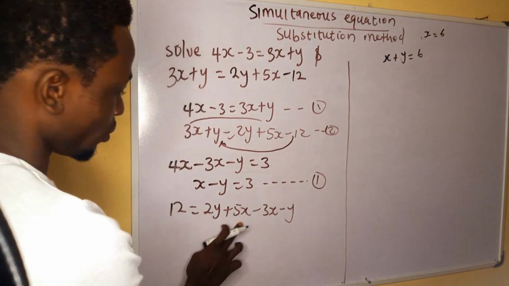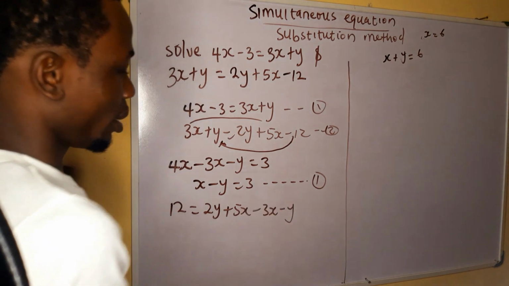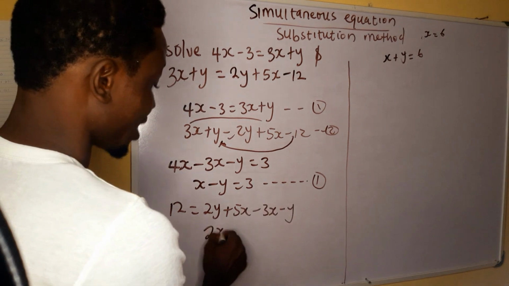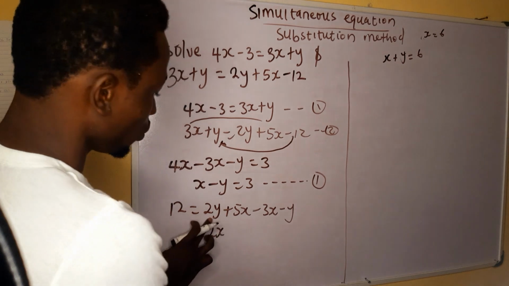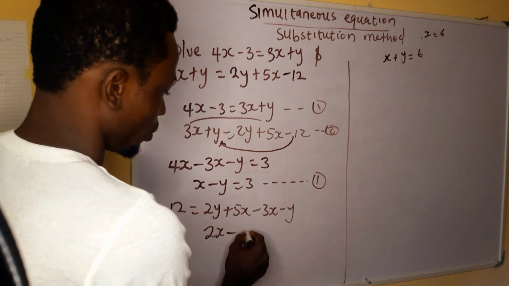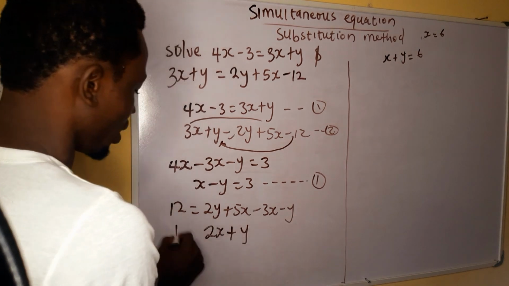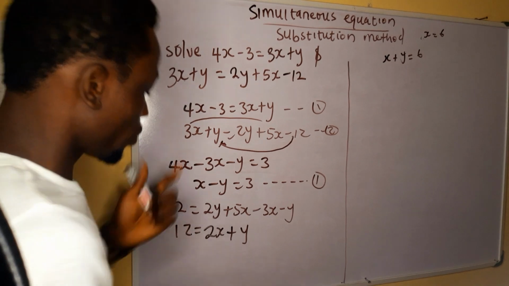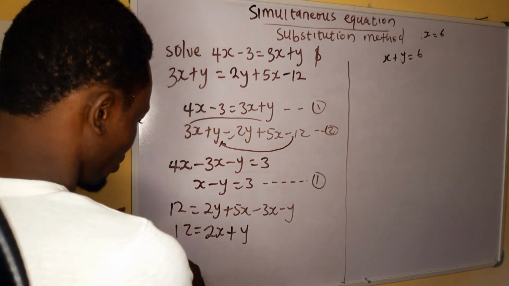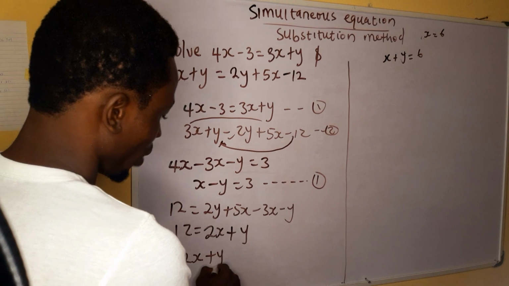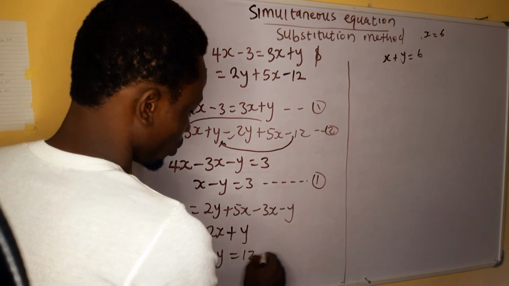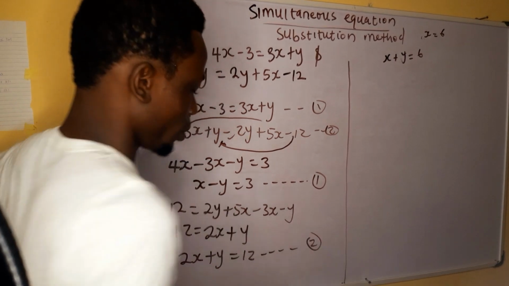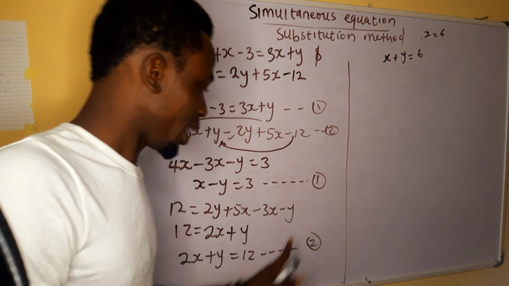So 5x minus 3x will give me 2x. I can decide to start with x, okay? 2y minus y will give me plus y. So you have that 12 is equals to 2x plus y. If I rearrange it, it's the same thing as 2x plus y is equals to 12. So this is now my equation 2. I've gotten my equation 1 and equation 2.